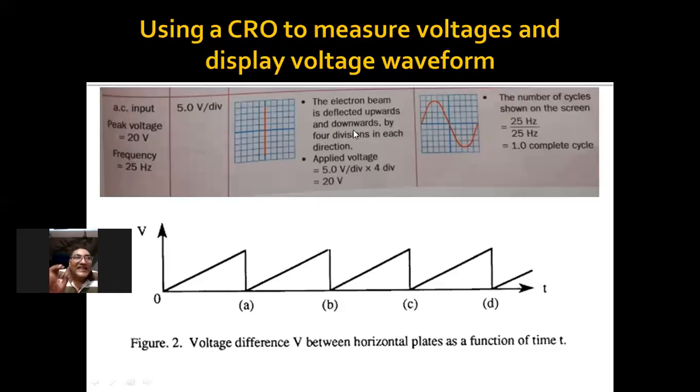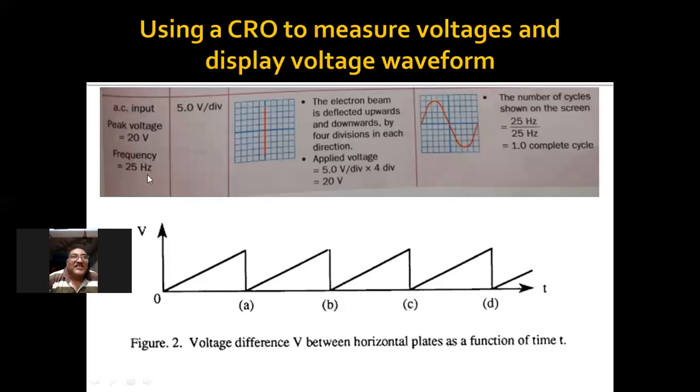So when these two motions are combined, that dot will appear in different positions, different locations. But this will be happening so fast, you will see an image of a wave, a continuous wave. So this is representing the alternating current waveform.